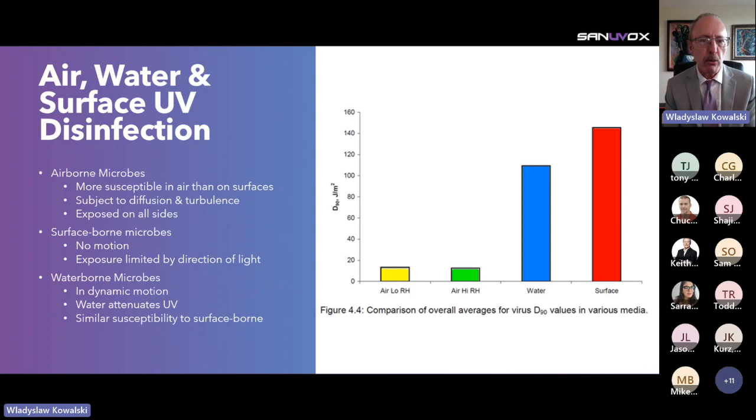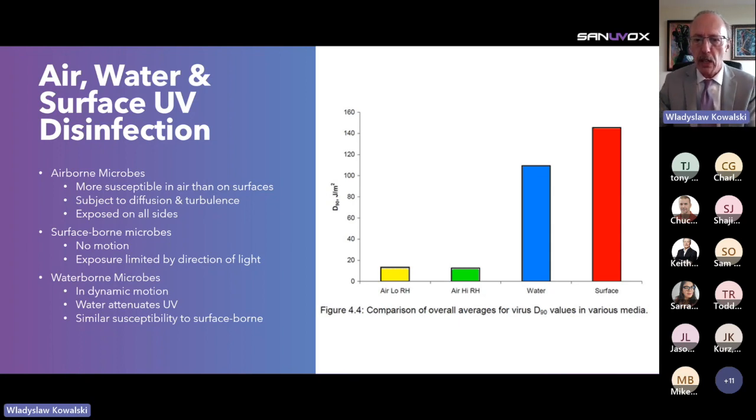They are being exposed on all sides by UV, and we call this multi-vector light. When light is provided from multiple directions on a spherical microbe, the kill rate is faster and you get higher kill rates as a result of multi-vector light. And this tends to explain most of the effect of UV in air.